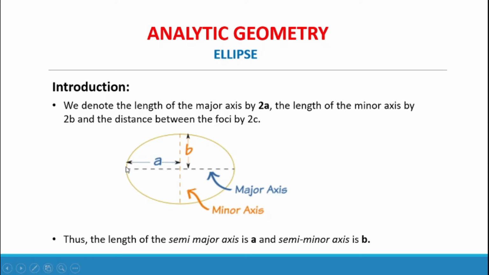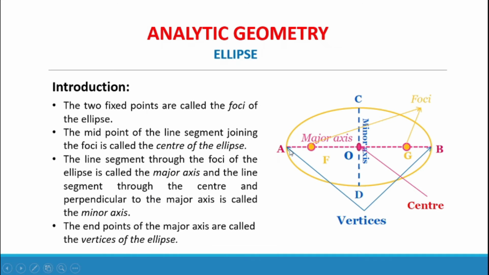So the total distance from point A to point B is 2a, and the distance from point C to point D is 2b, and the distance from F to G, between the two foci, is equal to 2c.